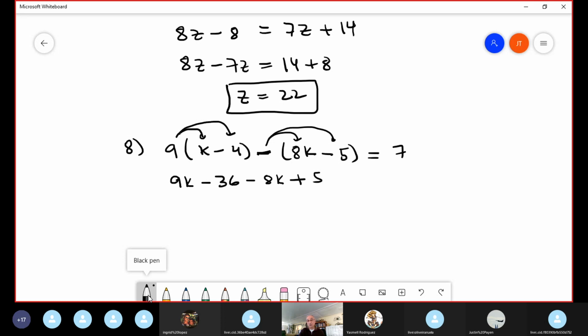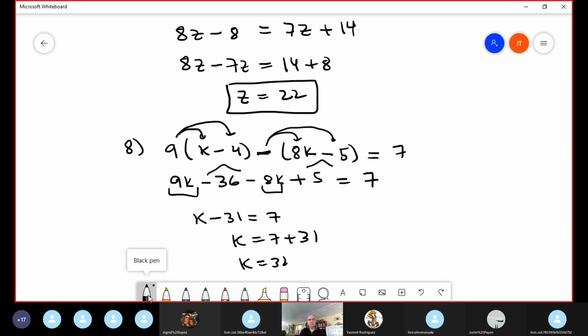Because negative and negative is positive, no? Okay, like terms. Positive 9K and negative 8K is 1K. 36 and 5 is 31, no? Minus 31, no? Equals 7. Finally, K is equal to 7 plus 31. K is equal to 38.